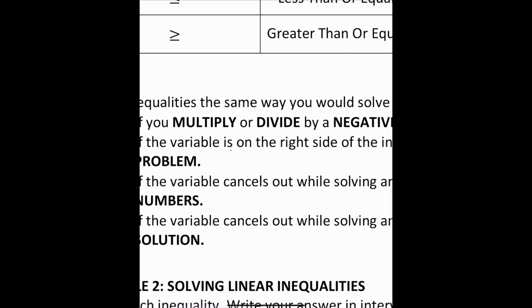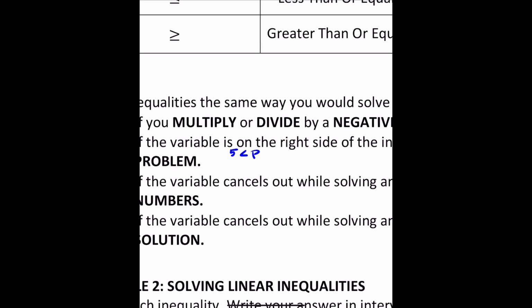So for the next bullet point, if the variable is on the right side of the inequality after you have solved the problem, flip the entire problem. So what that looks like is this. Let's say you have 5 is less than p. Well, I would rather have the variable first, then the inequality, and then lastly, the number.